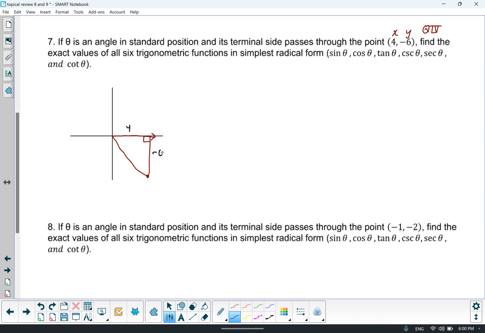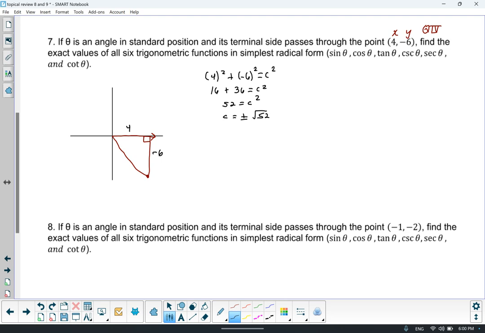Now, the horizontal side is your x, and so in this case it's 4, and the vertical side is -6. I can find the hypotenuse by using the Pythagorean theorem. So I have 16 plus 36 is equal to c squared. 52 is equal to c squared. c is equal to plus or minus the square root of 52.